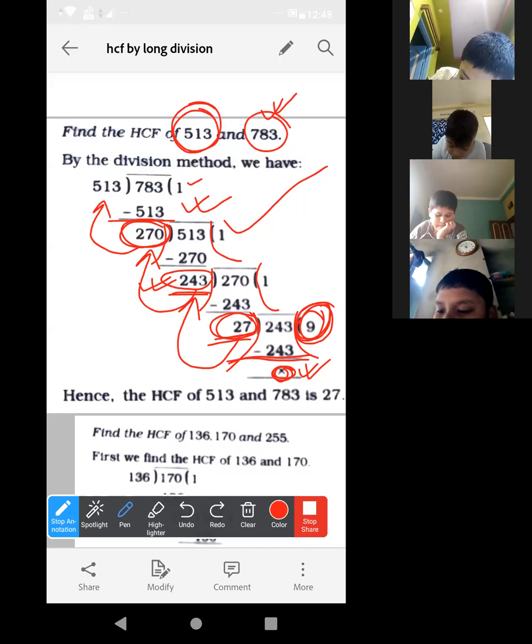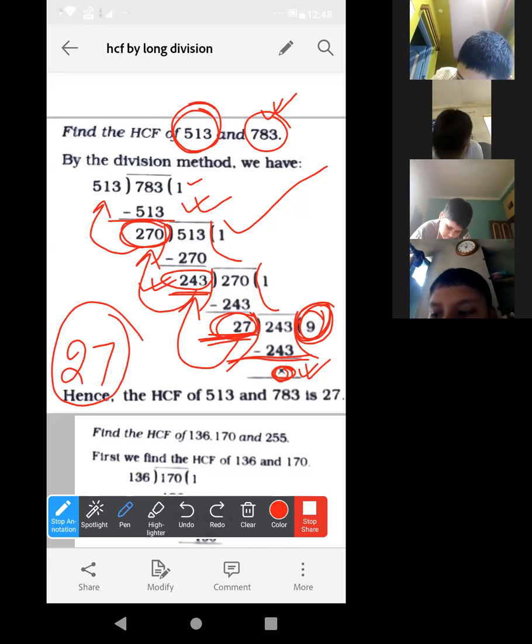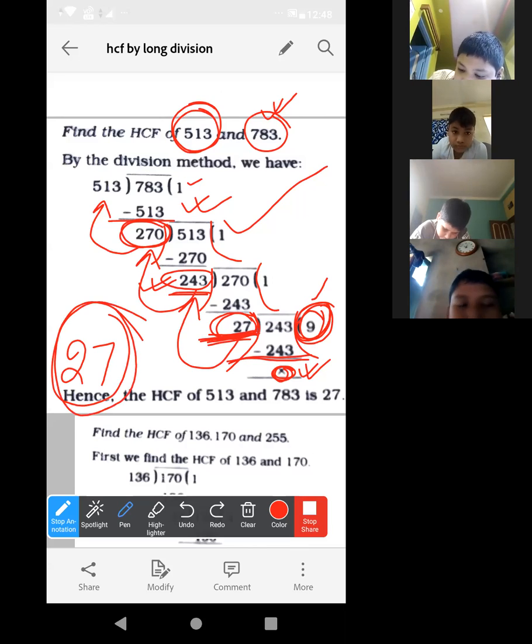As we are dividing by this 27, 27 is a factor of both. The quotient, we are not going to look at. So the number by which we are dividing, 27, is a common factor of these two numbers. That's why this will be the HCF.